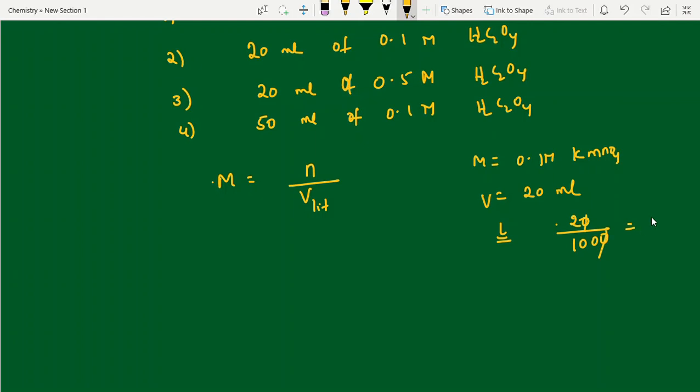So 2 by 100, right? So that is nothing but 0.02 liters. Then you can substitute molarity 0.1. Now number of moles you can calculate here. So finally what you will get answer here, students? 2 into 10 to the power of minus 3, right? Now go back to the question. What is the equation?